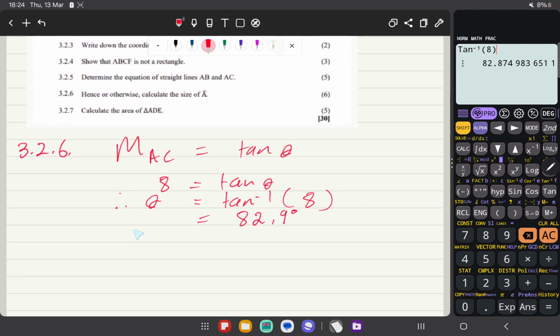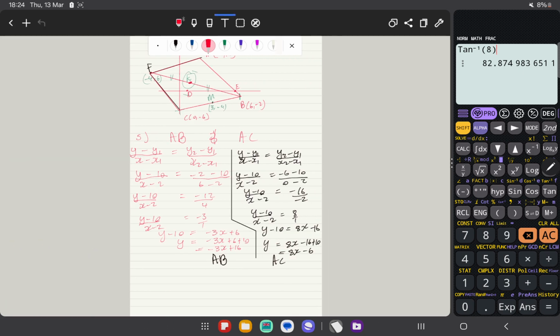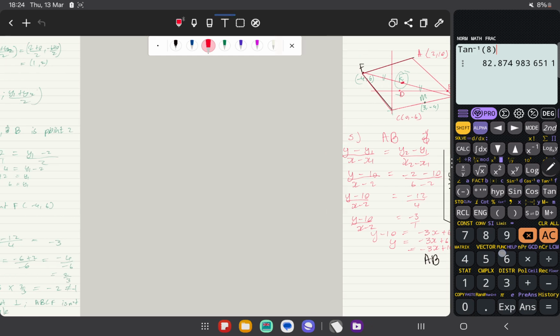Now I go again. The gradient of BC is equal to tan beta, and the gradient I believe is -3.